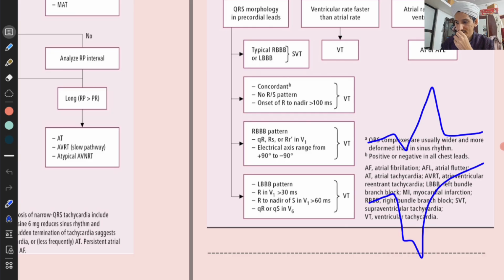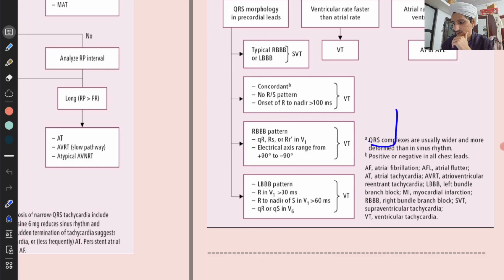So this is QR and this is QS. QR or QS in V6. That's about the features of VT.